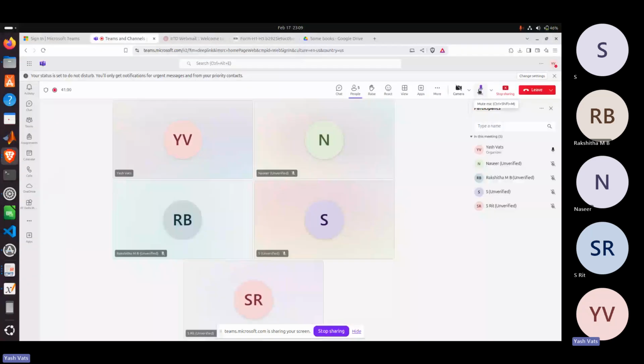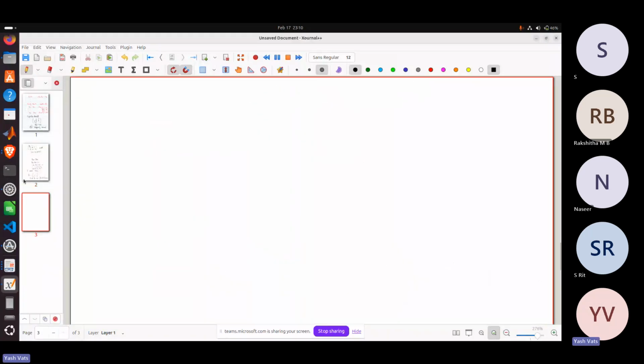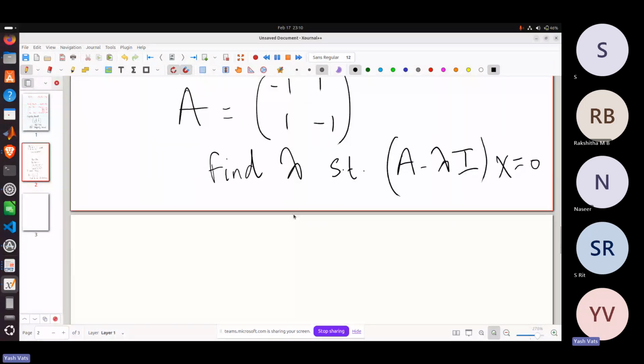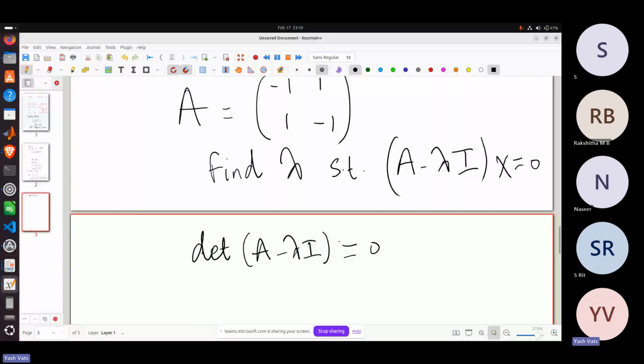So have you tried this? What's the answer of this? Anyone? Okay. So how do you do that? Just the same thing. Just calculate the determinant of A minus lambda I equals 0. So it's minus 1 minus lambda, 1, 1, minus 1 minus lambda, and the determinant is 0.